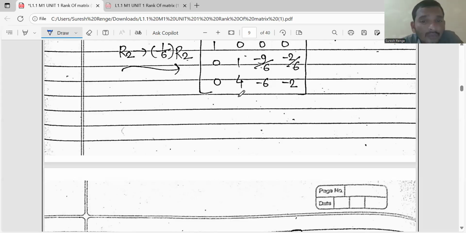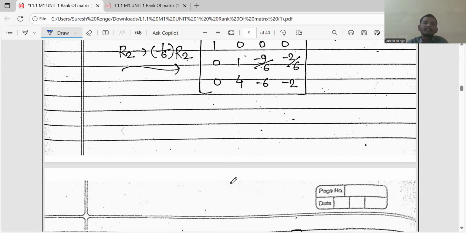So now what operations are we applying? Change in R3: R3 minus 4 times R2.